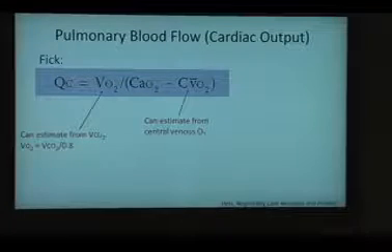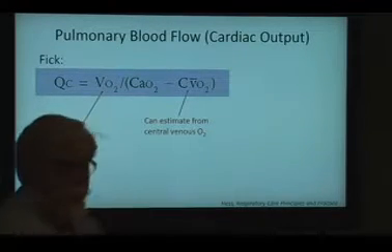Now it's not perfect because depending upon where the central venous catheter is sitting, we may get blood primarily from the superior vena cava or the inferior vena cava, and there isn't very much mixing, but I think clinically, often it is good enough.